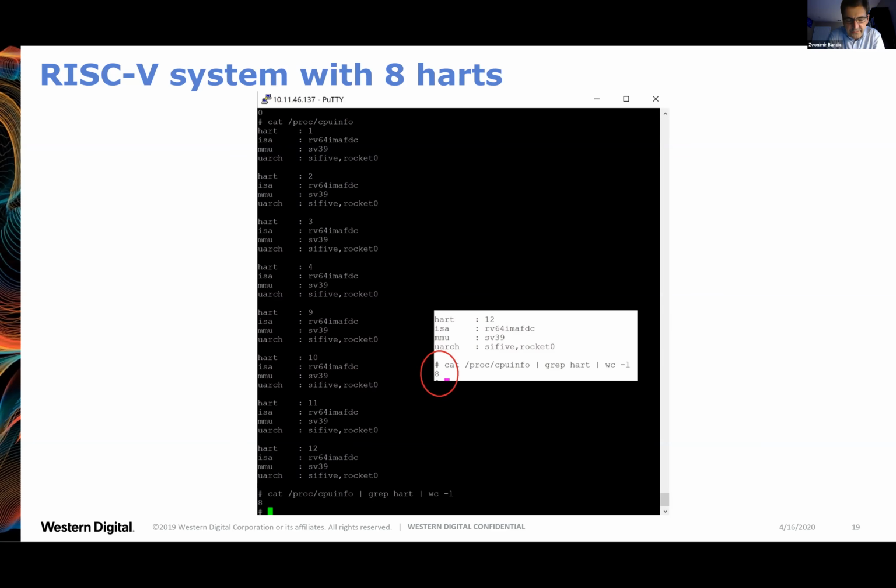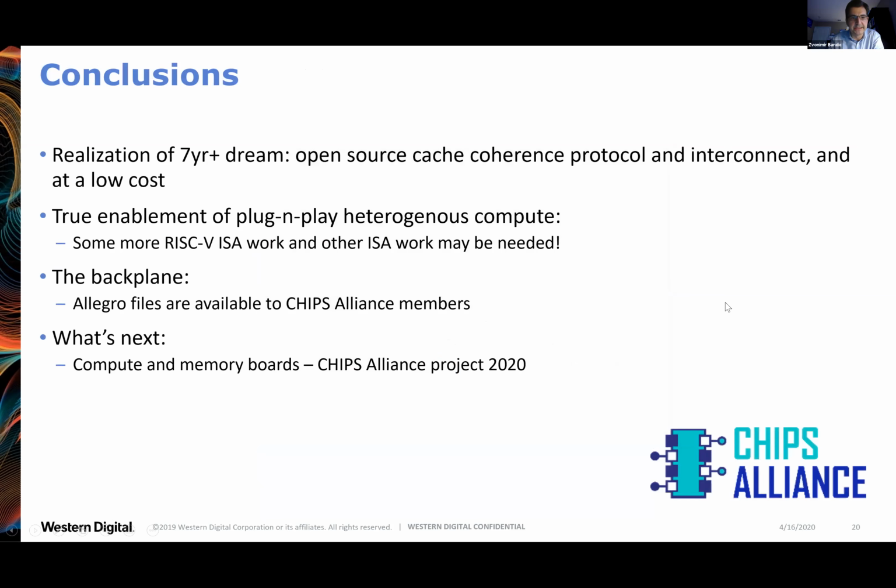It was a first demonstration of the open source symmetric multiprocessing protocol, or cache coherence. And it's something that Dan and I have been seeking for many years, and it's becoming a reality with OmniXtend. And I think that's the last slide.